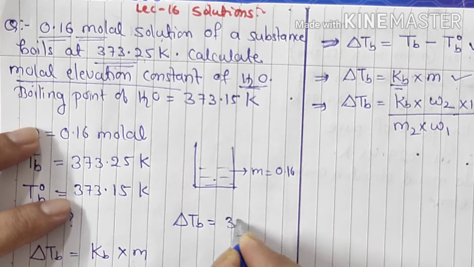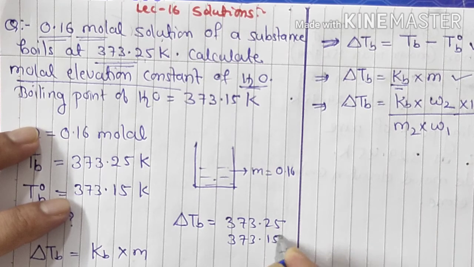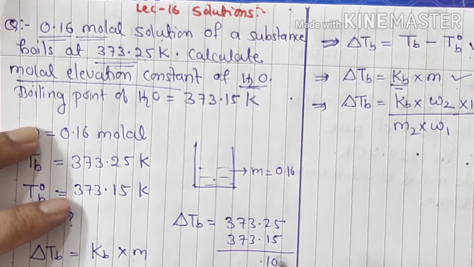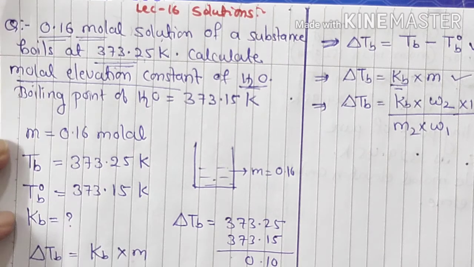So 25 minus 15 is 10, and this is 0.10. Clear, student? Now, this is delta TB.